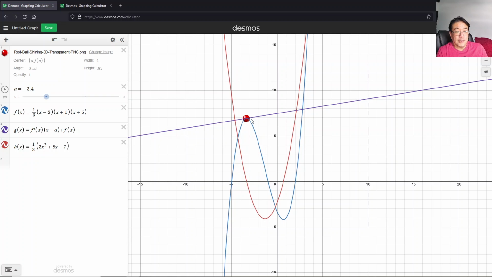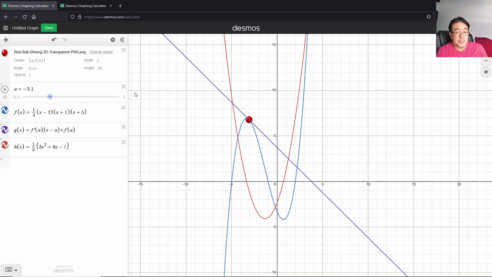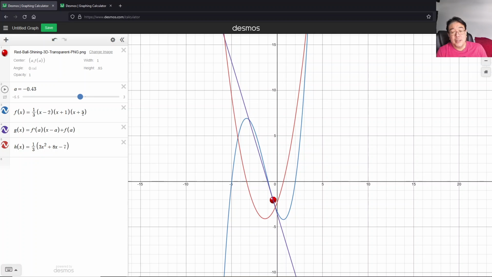And then as we go along even more, we see that the slope of the tangent line would be negative, so the graph of the derivative would be below the x-axis. And then again it's going down, so the graph of the derivative would be below the x-axis.